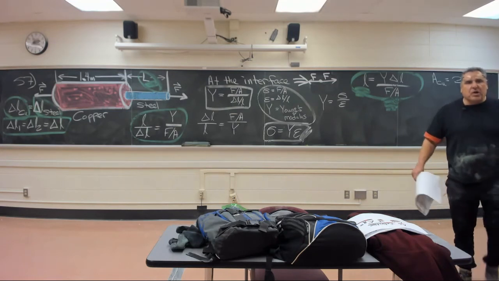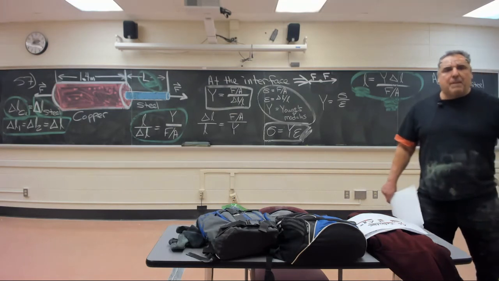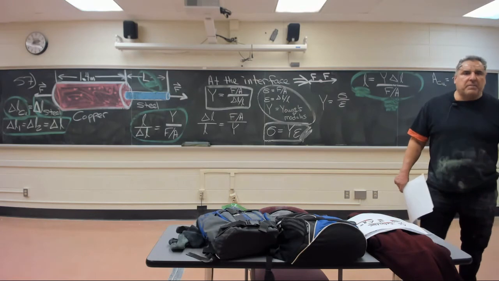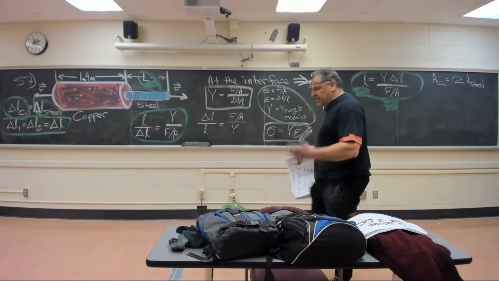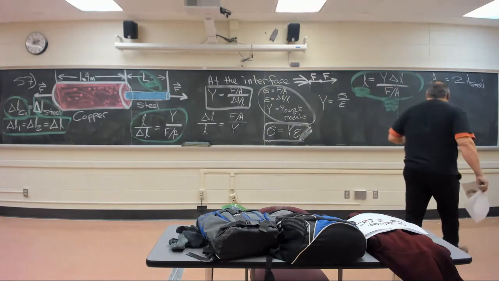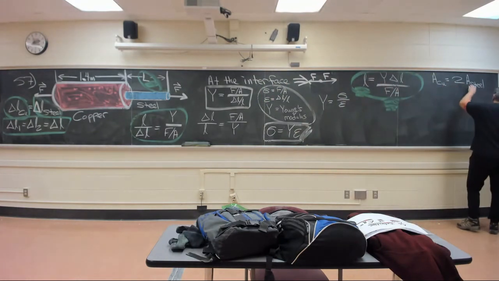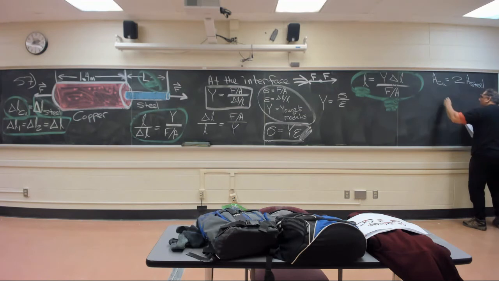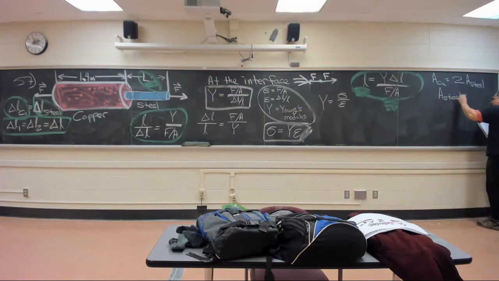The cross-sectional area of the copper rod is 2 square centimeters. The cross-sectional area of the steel rod is 1 square centimeter. The cross-sectional area of copper is twice as big as the cross-sectional area of steel. Let's just make it easy. Call the cross-sectional area of steel A, and the cross-sectional area of copper is going to be 2A.